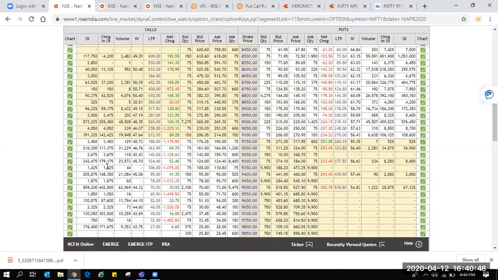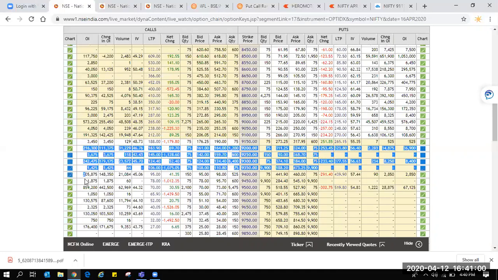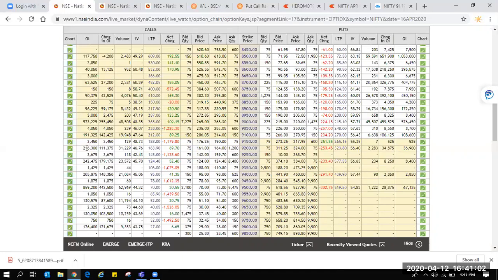In simpler terms, if the open interest is 100 and the change in open interest is, for example, 15 plus, it will show as 115. If yesterday it showed 100 and today 15 has been added, today it will show cumulative open interest for this strike as 115.